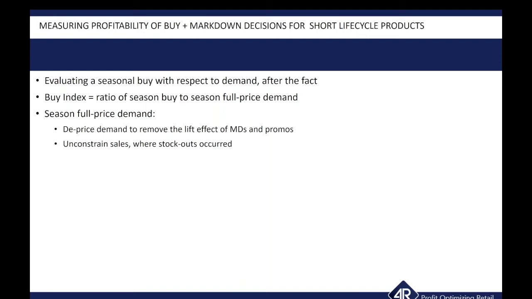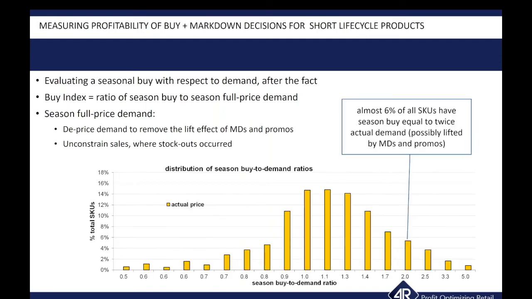So before we actually look at this buy index, let's look at a similar metric, which is the ratio of buy to demand, but not the full price demand, but the demand we actually observed with whatever markdowns have been put in place.